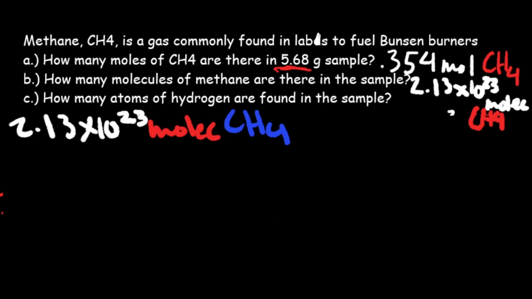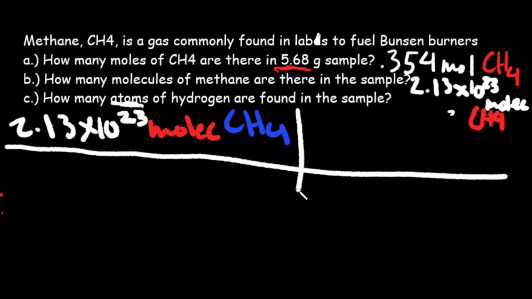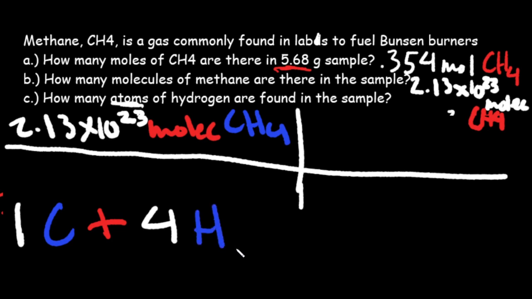Question C asks, how many atoms of hydrogen are found in a sample? So in each molecule of methane, there is one carbon plus 4 hydrogen atoms.